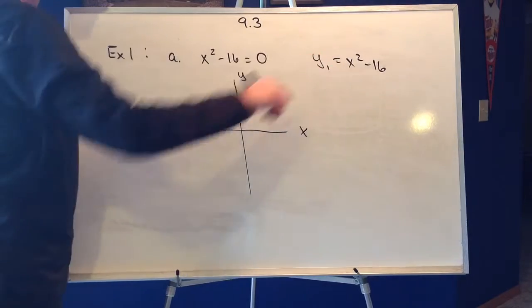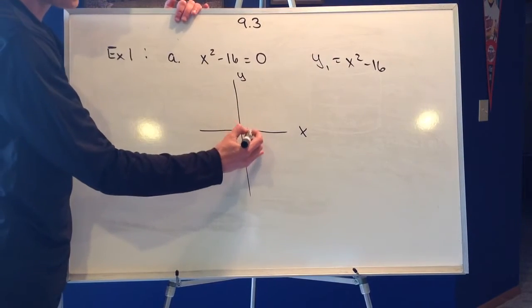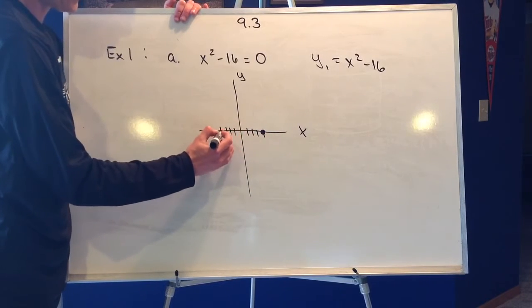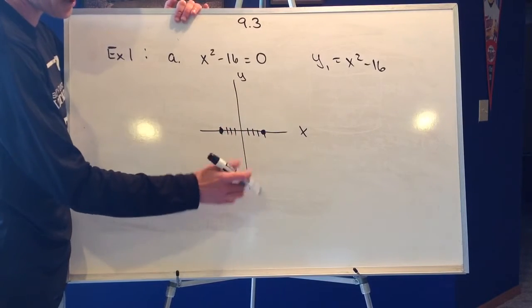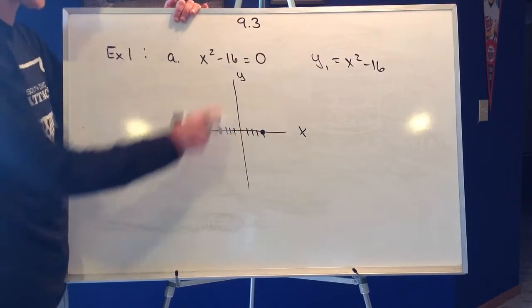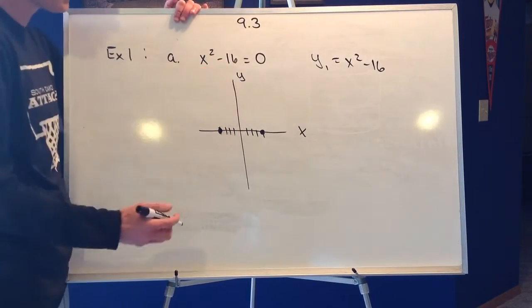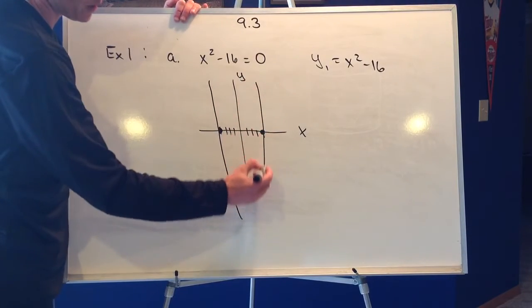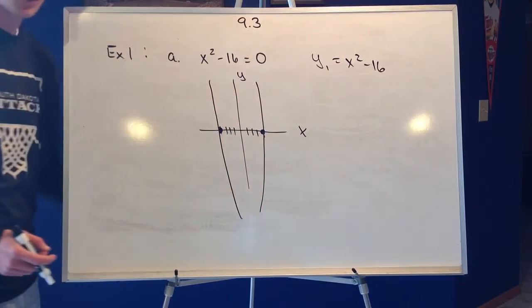If you put this one in the calculator and look at the graph, you're going to notice that it crosses at positive 4 and negative 4. You probably don't see the bottom of it because it dips too low. It actually dips down to negative 16, but it's going to end up looking something like this, and you just won't see the bottom of it down there.